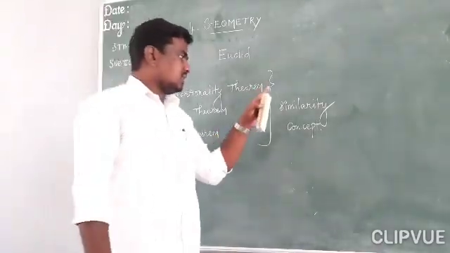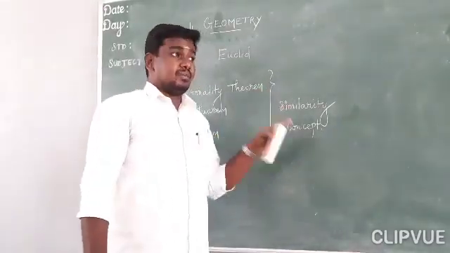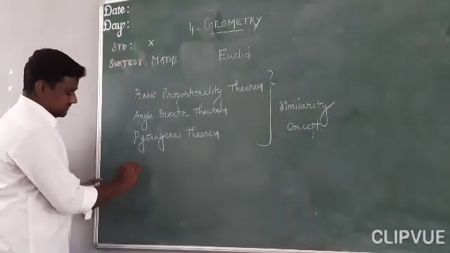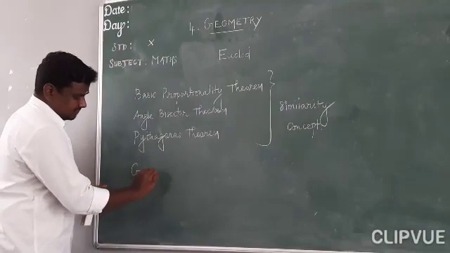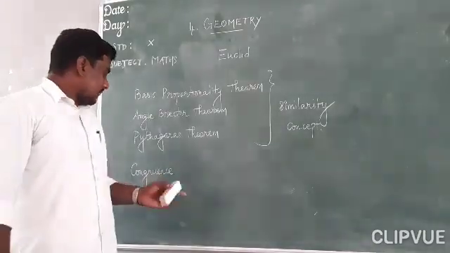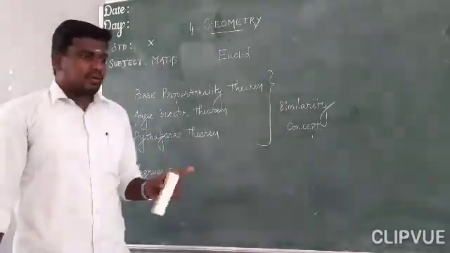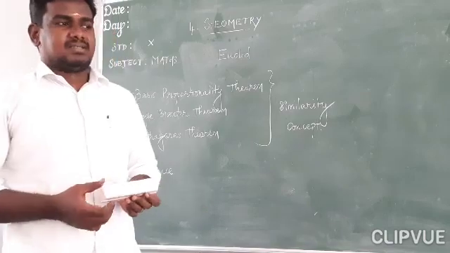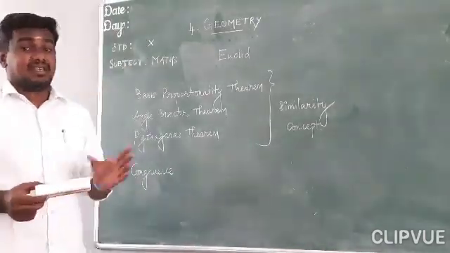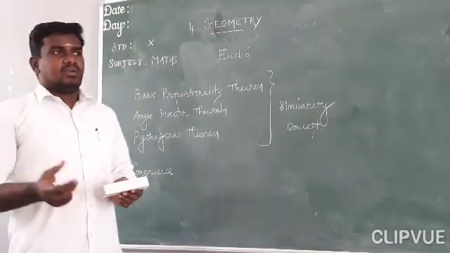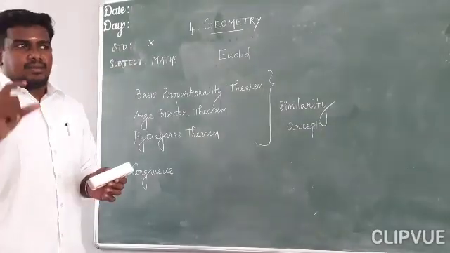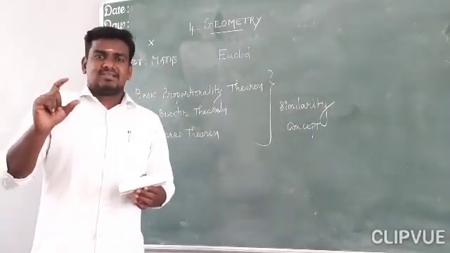Before learning the similarity concept, we must know about congruence. What is meant by congruence? Congruence of shapes: if it is called congruence, it means the 2 objects have the same size and the same shape. If you take a 10 rupee note, currency, they should be the same size as well as the same shape.